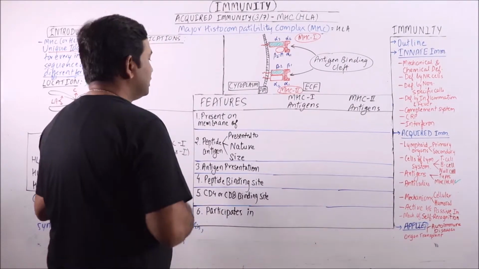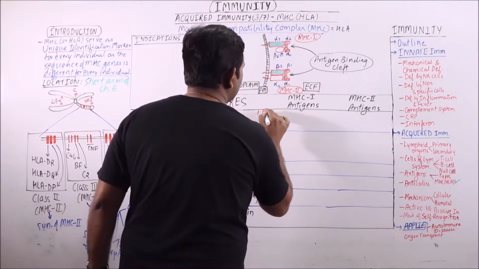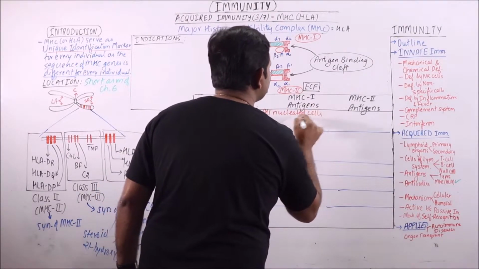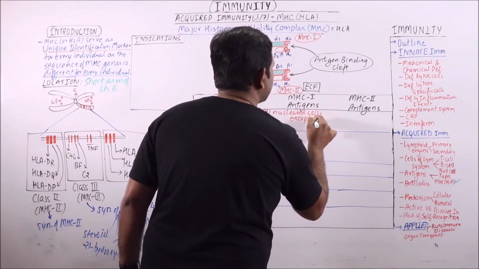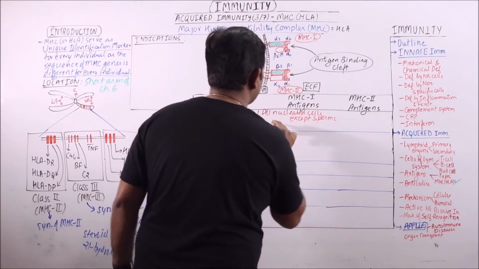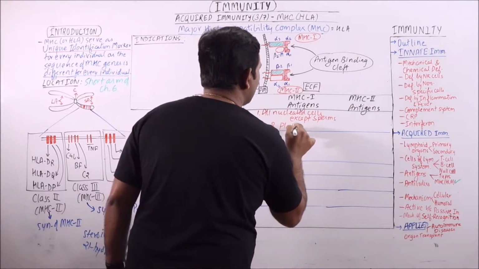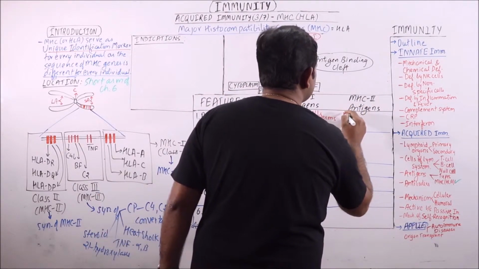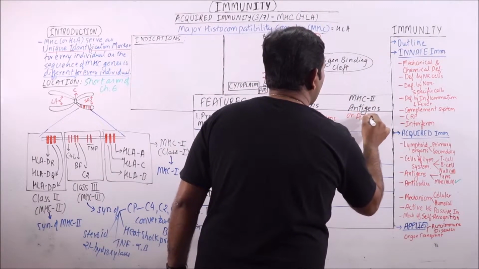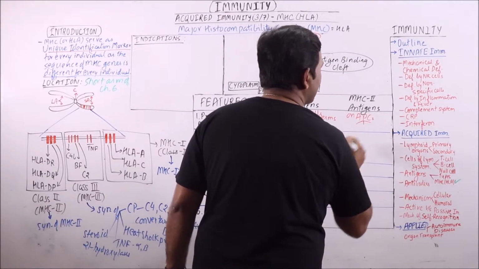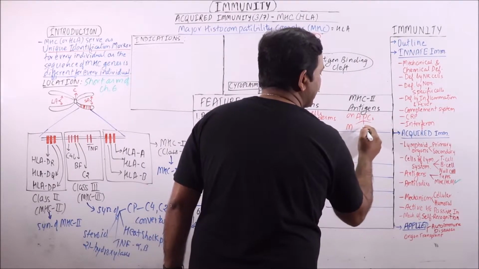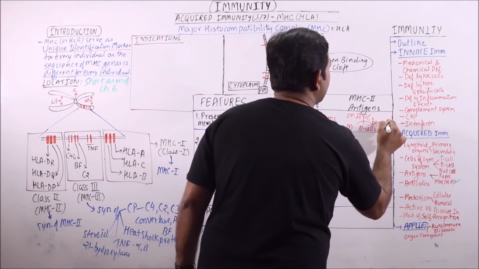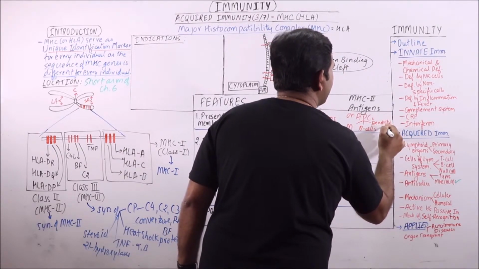First of all, MHC1 antigens are present on the membrane of all nucleated cells except sperms. These are also present on platelets. Here the MHC class 2 antigens are found on antigen presenting cells or APCs, which are macrophages, B cells and dendritic cells.